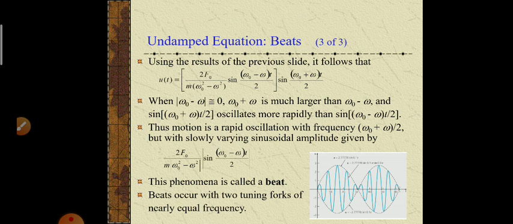When resonance occurs, omega 0 is equal to omega, so omega 0 minus omega is equal to 0, and omega 0 plus omega is twice omega, which is much higher than omega 0 minus omega.